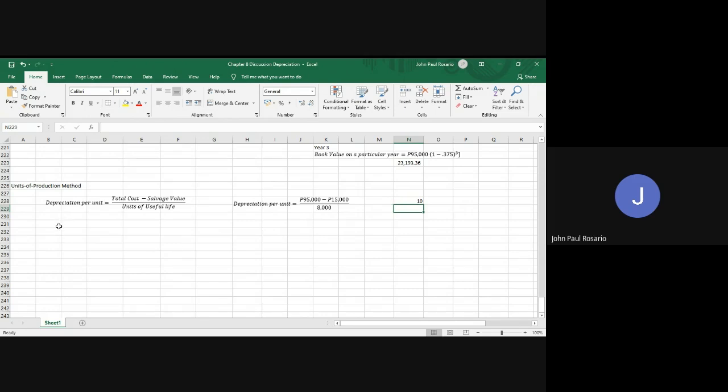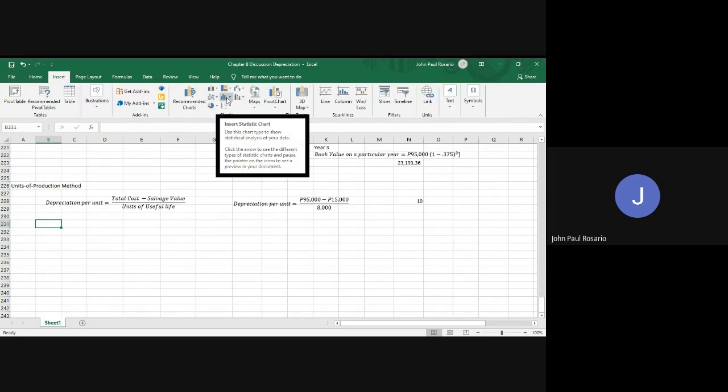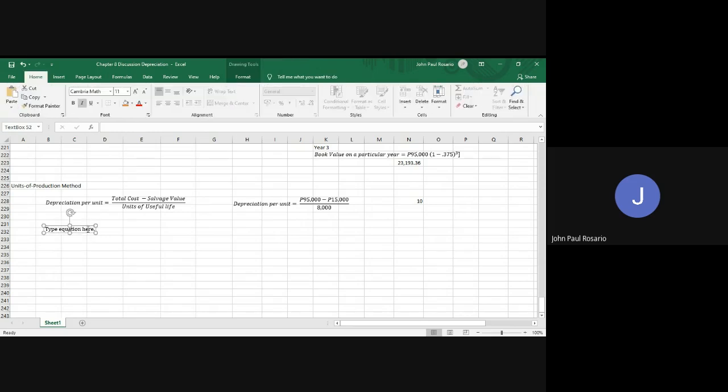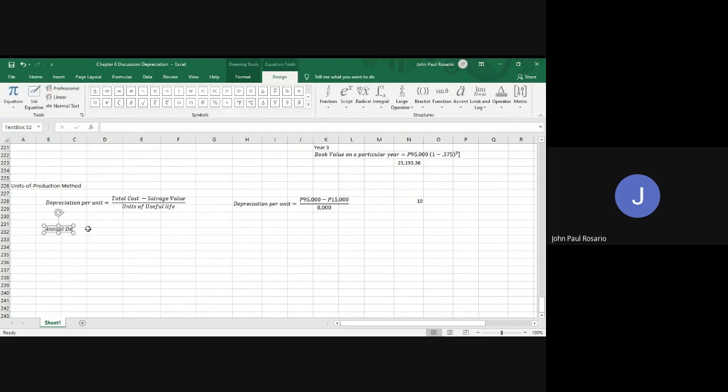Our annual depreciation then will be computed as follows. Annual depreciation is equal to depreciation per unit multiplied by the units used or produced.